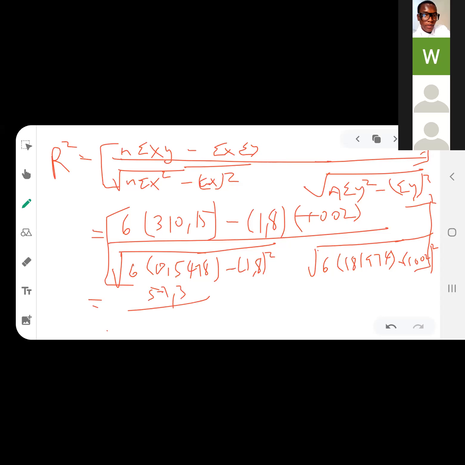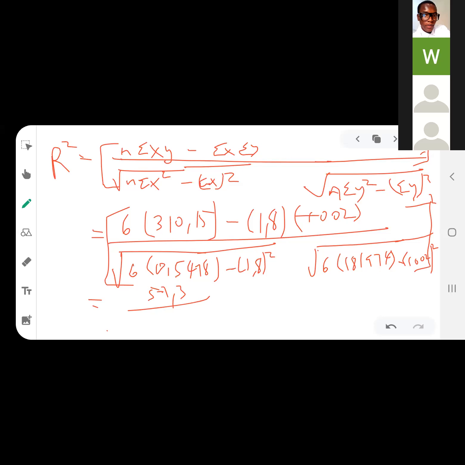At the bottom, you open a bracket on your calculator, and then you press square root. Then you press 6, open a bracket, 0.5478, close the bracket, minus 1.8 squared, and then you do what?